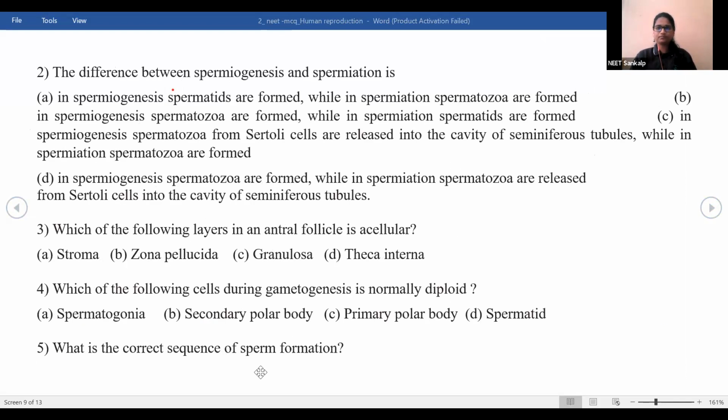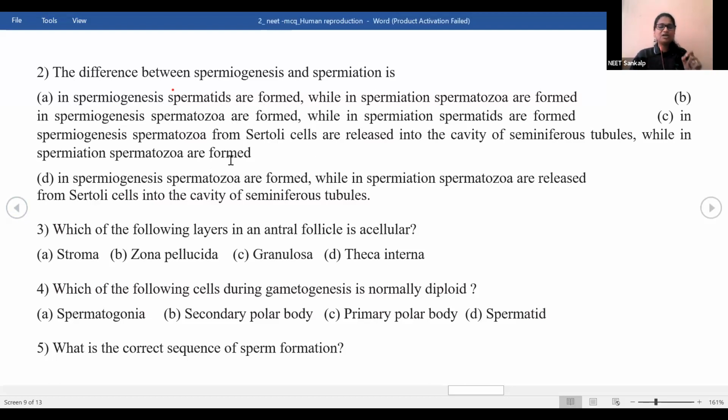This is related to spermatogenesis. You can try: the difference between spermiogenesis and spermiation. Option A, in spermiogenesis, spermatids are formed, while in spermiation, spermatozoa are formed. Option B, in spermiogenesis, spermatozoa are formed, while in spermiation, spermatids are formed.